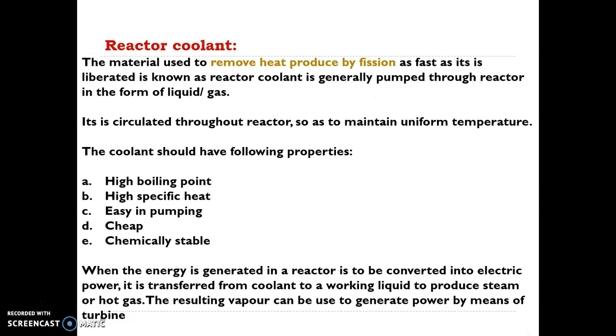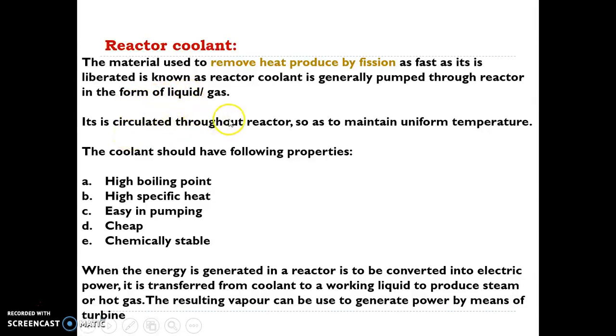Then the reactor coolant. As we know, in the fission process there will be a high amount of energy generation. If the energy is very high, it can harm the device as well as the user, and for that a coolant material is pumped through the entire assembly. The material used to remove the heat produced by fission as fast as it is liberated is known as the reactor coolant, and it is generally pumped through the reactor in the form of liquid or gas.